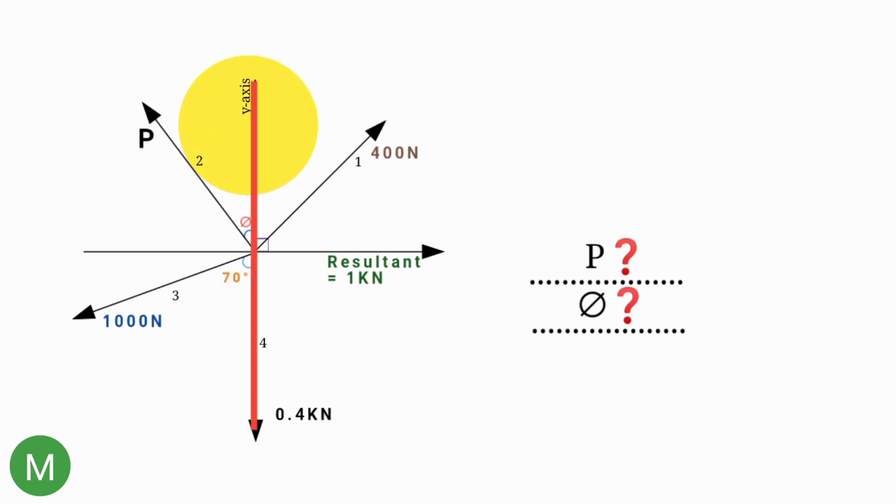Since the y-axis is always perpendicular to the x-axis, that means this line here is the x-axis. Since it is at right angle with the y-axis, the resultant force is acting directly on the x-axis. Though, we should not forget that since this is the y-axis, there is a negative y-axis, while this is also the negative axis because here this is the positive x-axis.